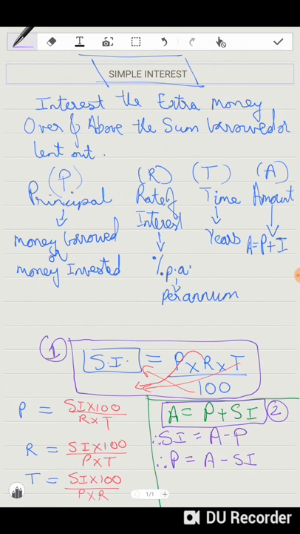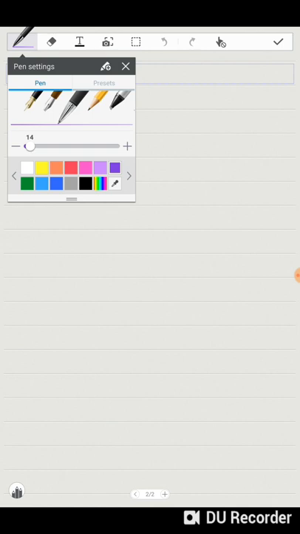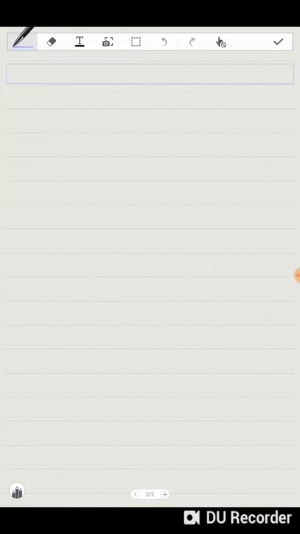Now the challenge in the simple interest chapter is not knowing the formula. It is taking care of these tiny little things that I am about to discuss with you all, especially when we are talking about time and rate. Now see, time is usually given in years.